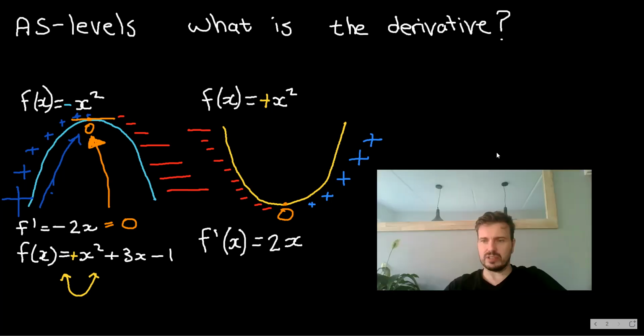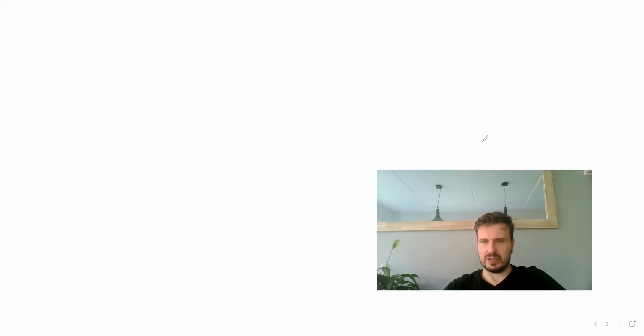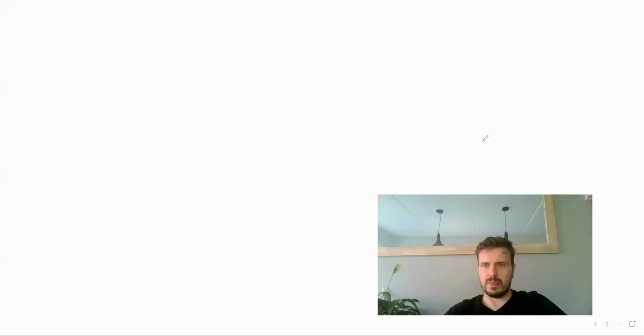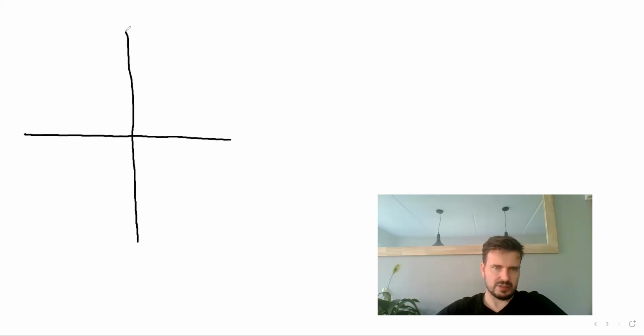Okay, so let's look at those examples, but now let's put it on a plane so that we can actually see that. So let's say that we had our, now I'm going to actually draw our axes.